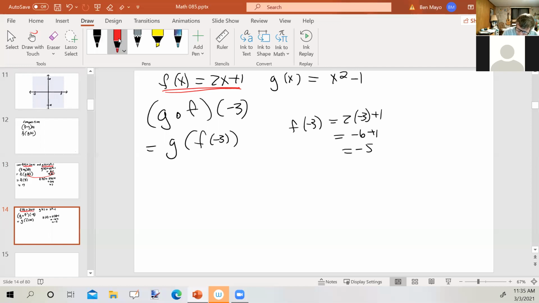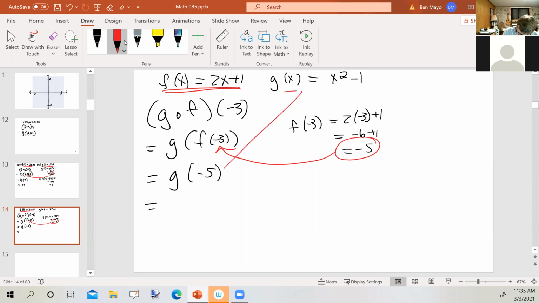So F of negative 3 is negative 5. So that's going to substitute in the place of F of negative 3. So now I have G of negative 5. Well, I'm going to take that and go up here into the G of X function.